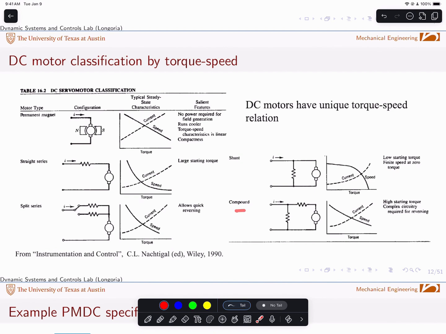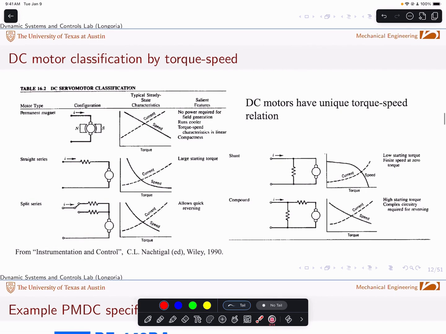Also compound motors or split series or series motors, where you have the field being excited. Remember, these are different from the permanent magnet, where the field is supplied by stator mounted permanent magnets, where we commonly see these linear characteristics. Again, manufacturers might give you these specs, and that might be all they give you, and so you can use these, as we discussed in the previous slide, to understand performance by overlaying load characteristics as well.